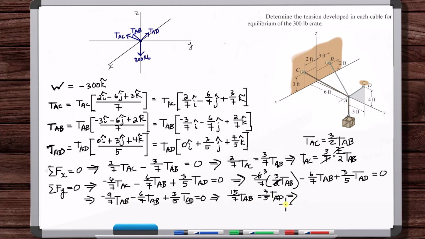So what we have is TAD is equal to, and then 5/3 times 15/7 is 25/7 TAB.